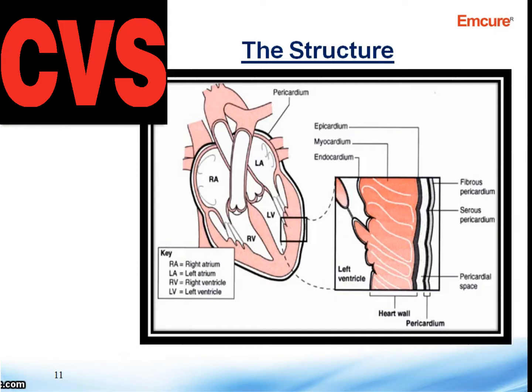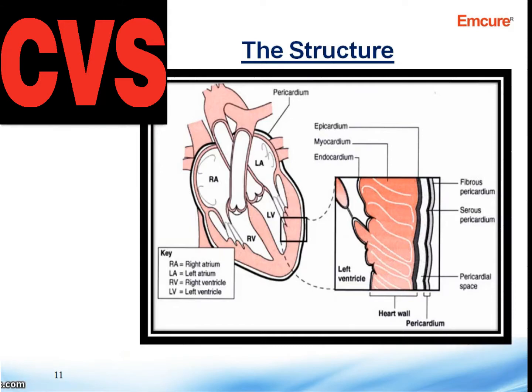As you can see in this figure, we have the innermost lining of the heart, which is called the endocardium. Then you have the middle layer of the heart, which constitutes the major chunk of the heart and is called the myocardium.